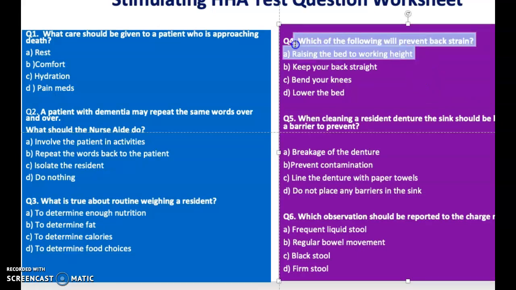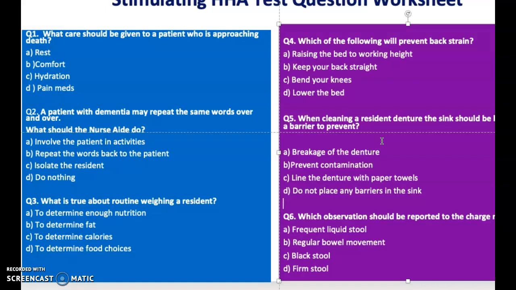So back strain, raising your bed to working level, is critical as a healthcare provider because you're trying to prevent back strain and back injuries. When cleaning a resident's dentures, the sink should be lined with a barrier to prevent breakage of the dentures, because sometimes these dentures are very expensive.